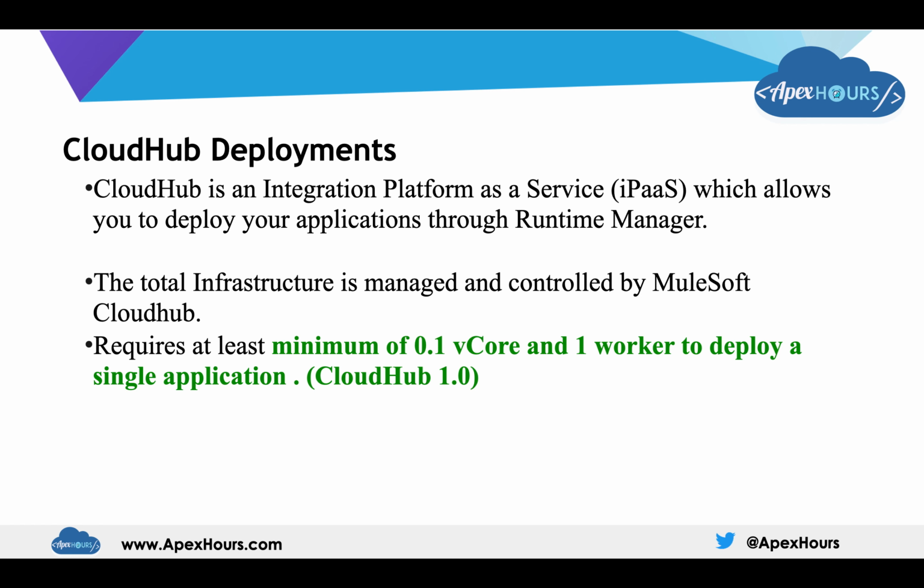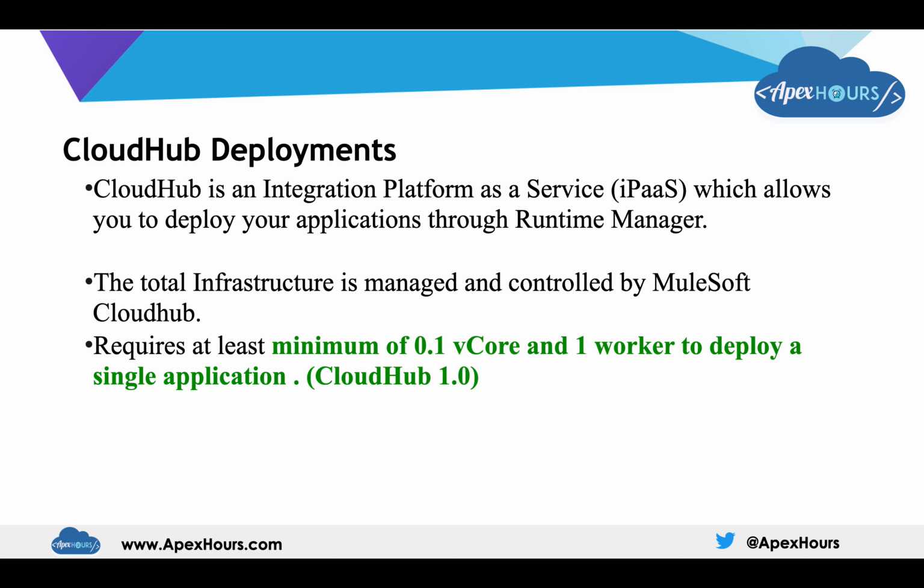When I say 0.1 vCore and 1 worker, imagine your laptop. 0.1 vCore is approximately 500 MB of RAM in CloudHub 1.0. One worker is like one instance, one laptop. That means you are deploying your application to only one laptop. At least you require one laptop with 500 MB of RAM to deploy an application.